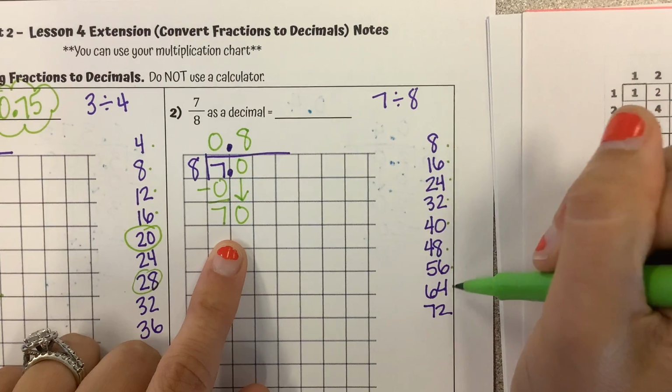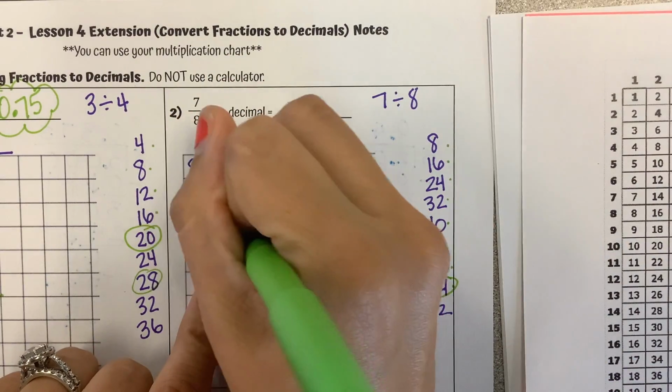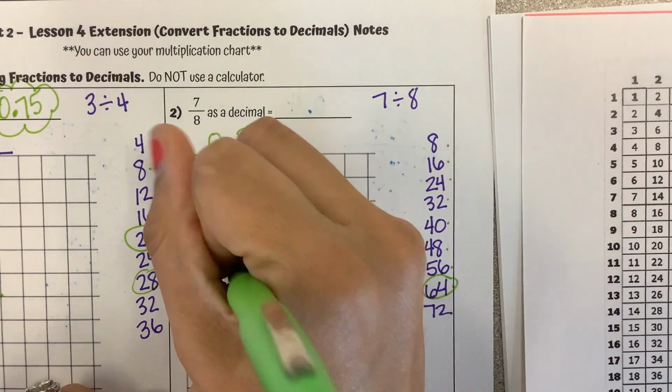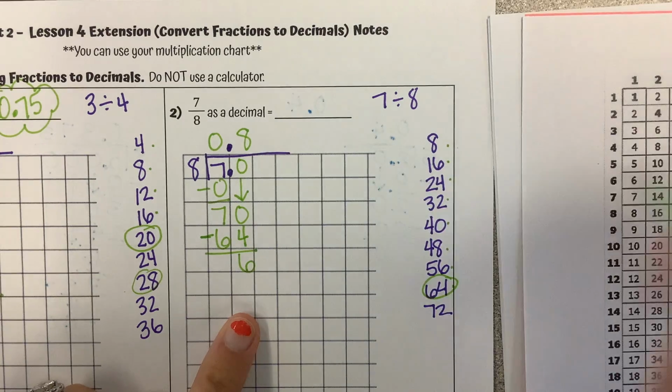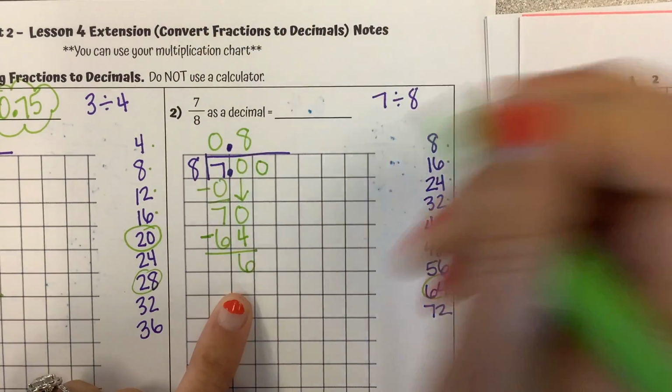So 8 times 8 is 64. I'm going to plug that in here and subtract. 70 minus 64 is 6. We have a remainder. I have nothing to bring down, so I'm going to add a 0.